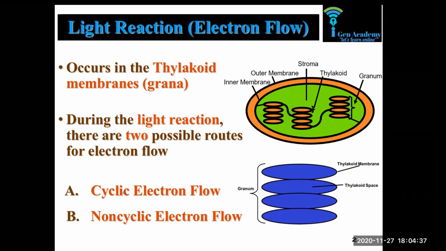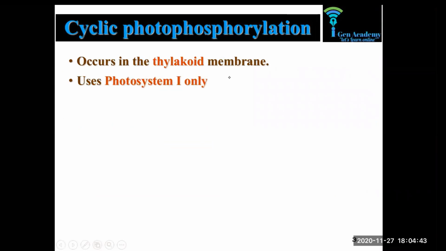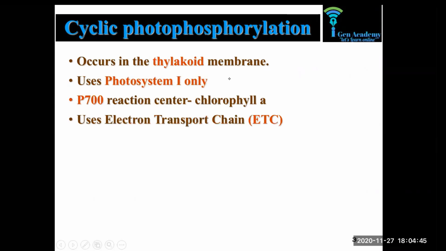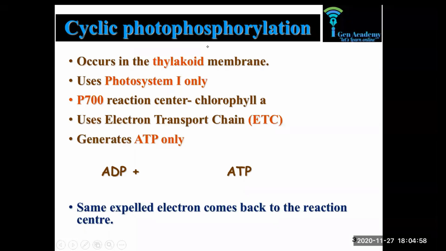Today we are going to concentrate upon the cyclic electron flow. We have to understand a few points with respect to it. Cyclic photophosphorylation occurs in the thylakoid membrane, as I have discussed earlier.